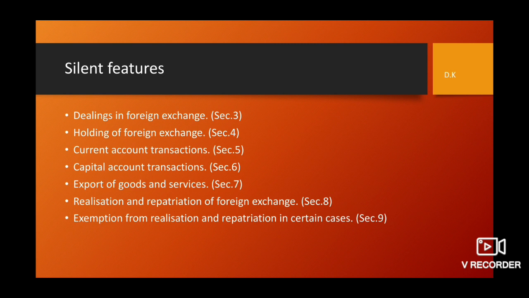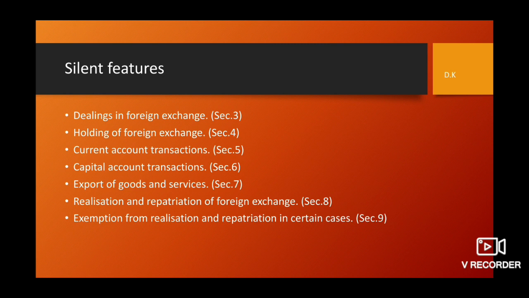Foreign exchange acquired or received before the 8th day of July 1947, or any income arising or accruing thereon which is held outside India by any person in pursuance of general or special permission granted by the Reserve Bank. That's the matter relating to before the 8th day of July 1947.